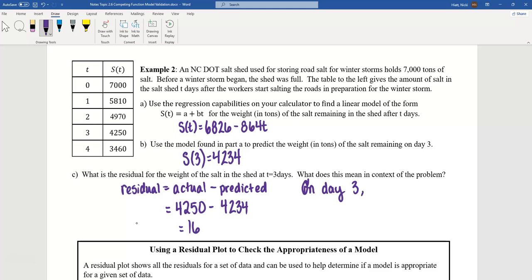On day 3, the actual amount of salt in the salt shed is going to be 16 tons.